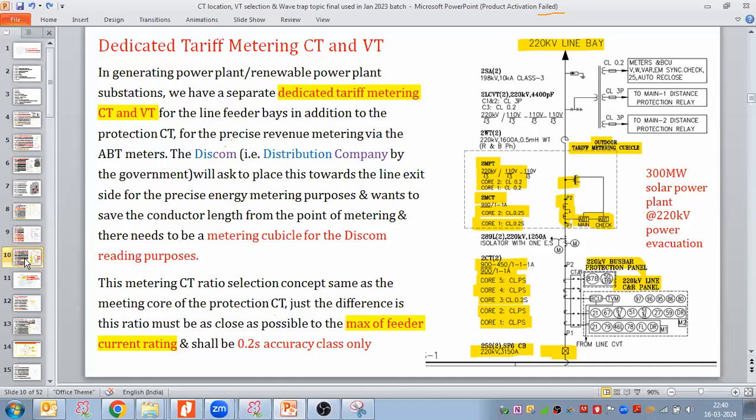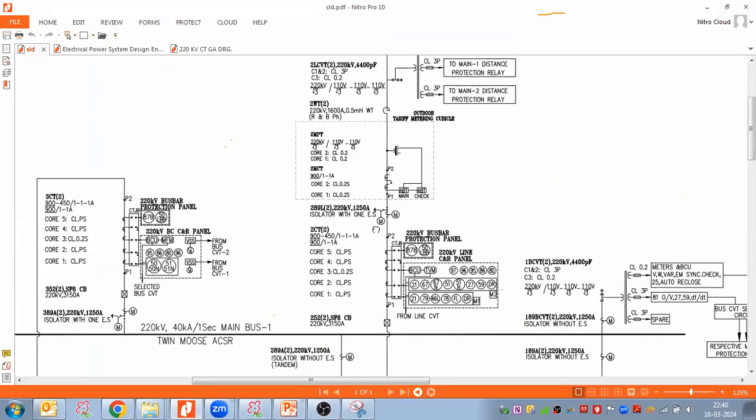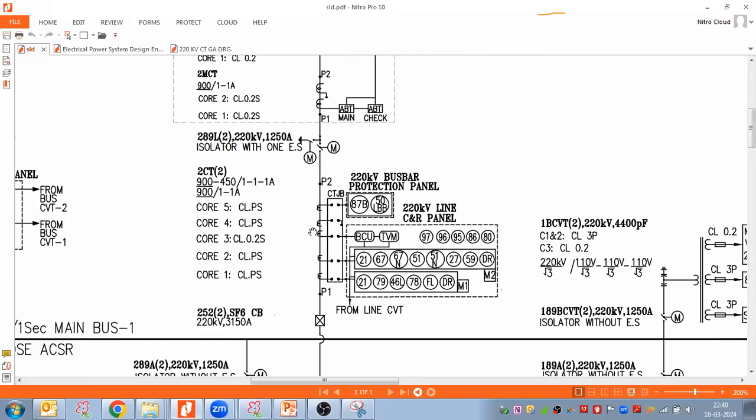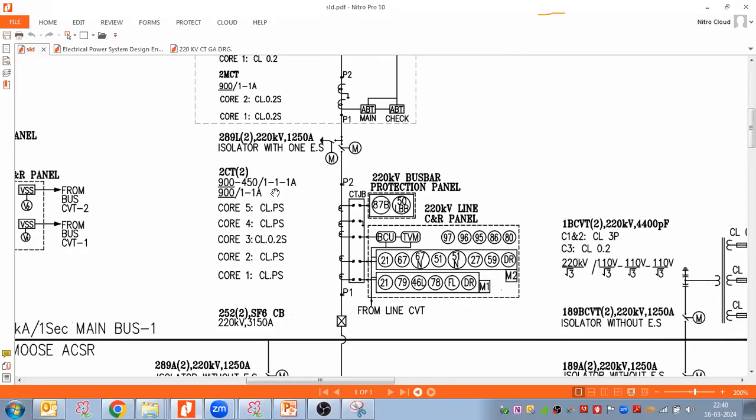Now I have covered the protection CT. There's this CT, this CT, this CT. Their ratio and selection, and for different cores, what different rating we decide, all that selection we have covered, their location of installation, their polarity orientations, and the star point creation.